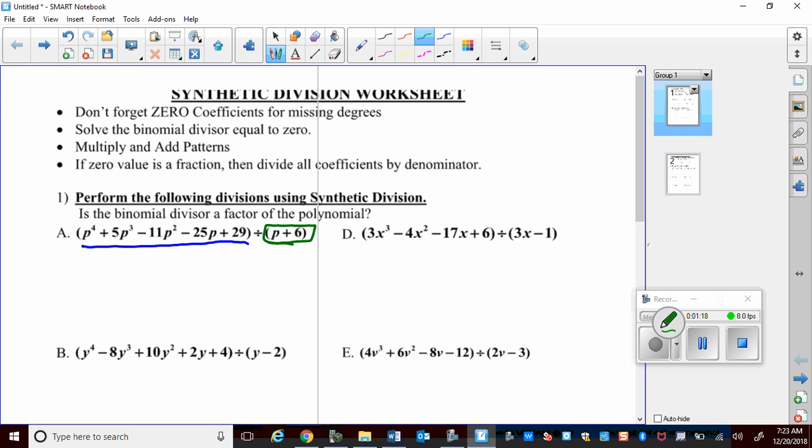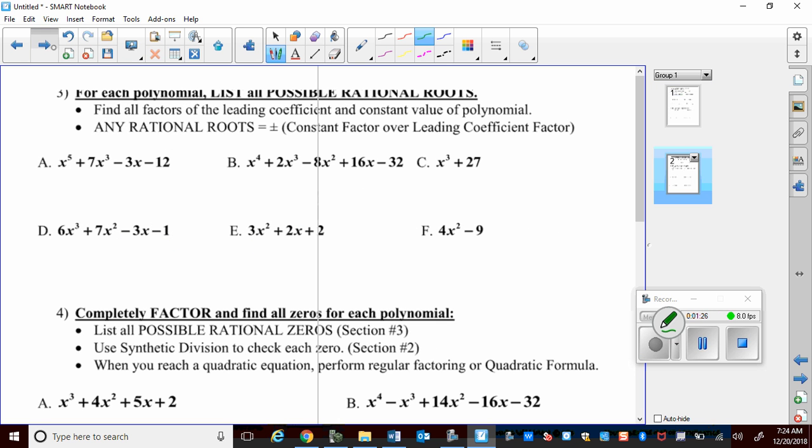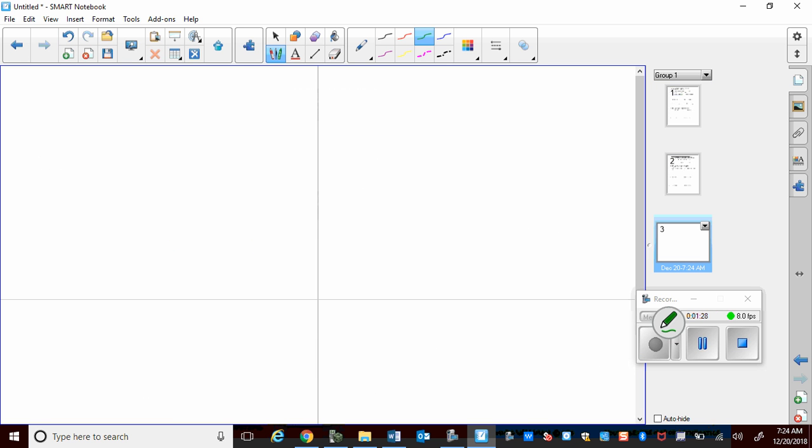There's 4 major problems here, but they have sub-problems in alphabetical order. So what I'm going to do is I'm going to go to a blank piece of paper.